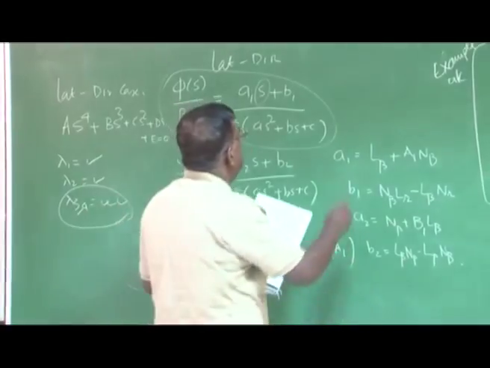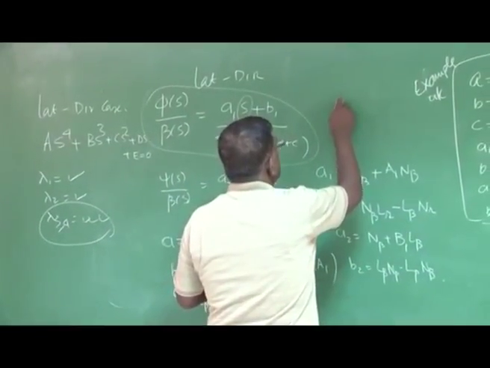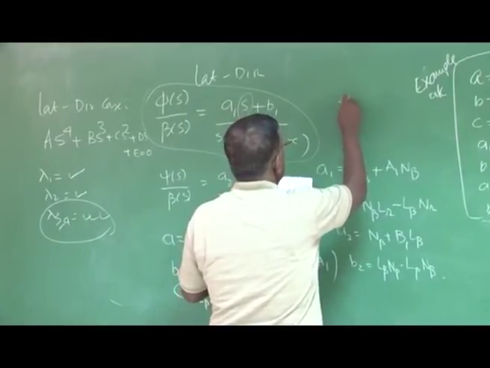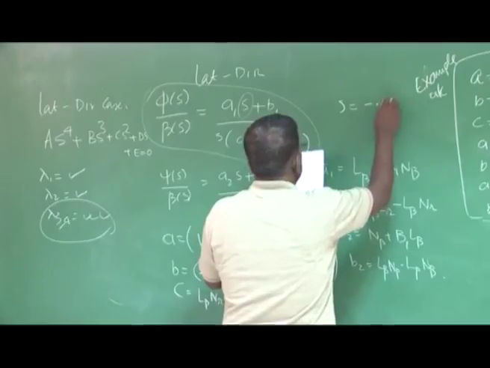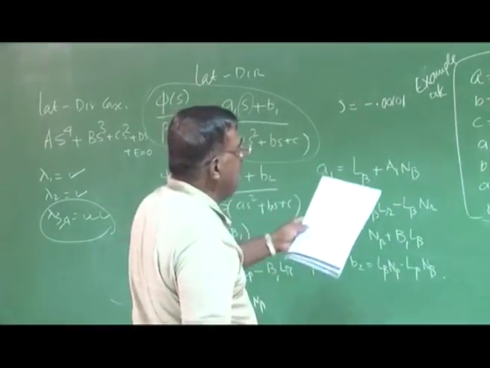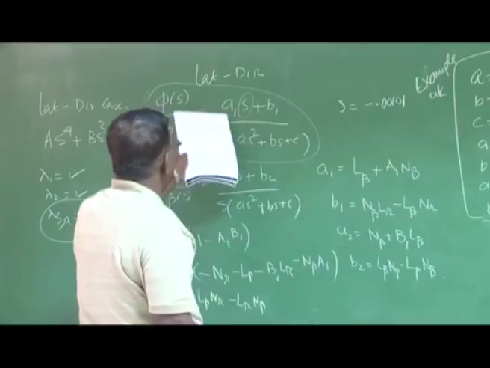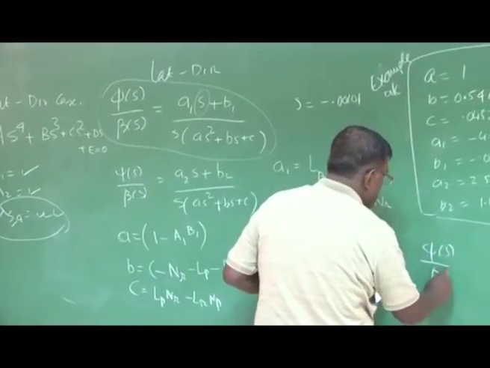And if you recall, for spiral mode, it was a real root, so s was a real number, the complex part was 0, and the value was minus 0.00101. Okay? So if I want to find out phi of s by beta of s, I have to put here phi of s by beta of s.